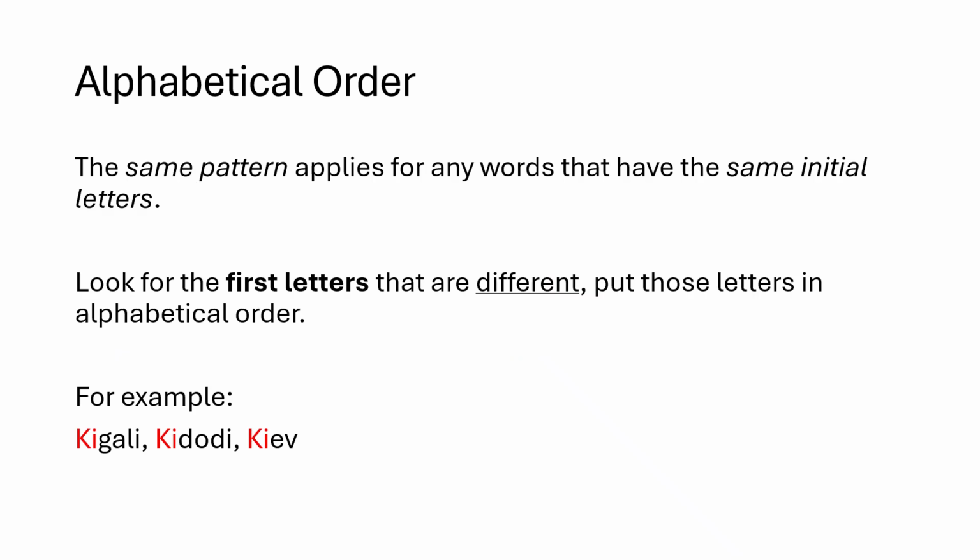The same pattern applies for any words that have the same initial letters. Look for the first letters that are different. Put those letters in alphabetical order. For example, Kigali, Kidodi, Kiev. The names of these places all begin with the letters K-I.